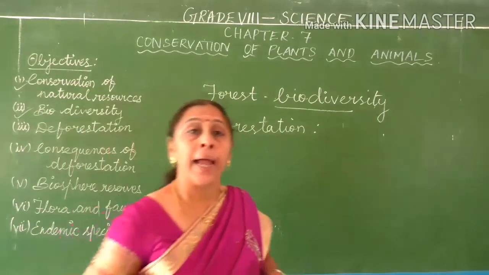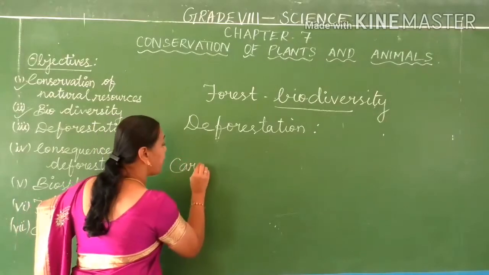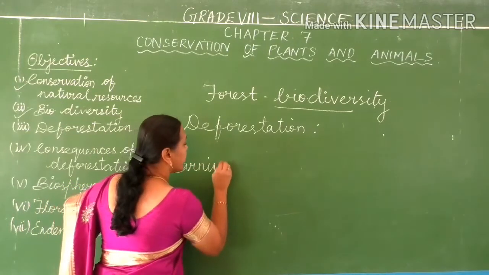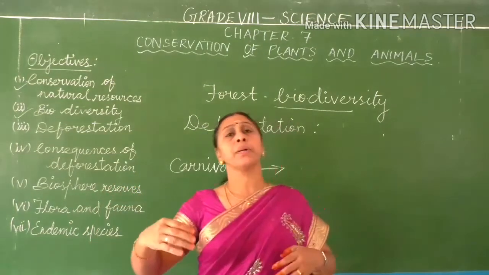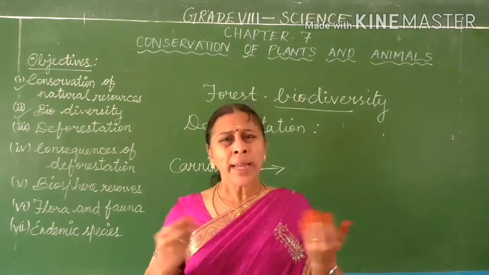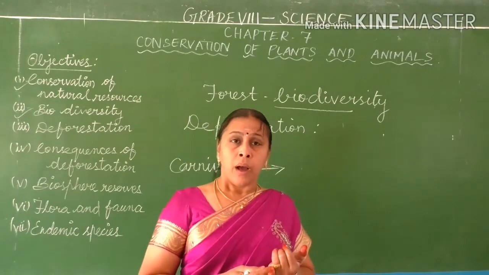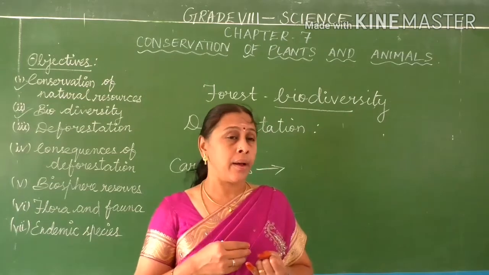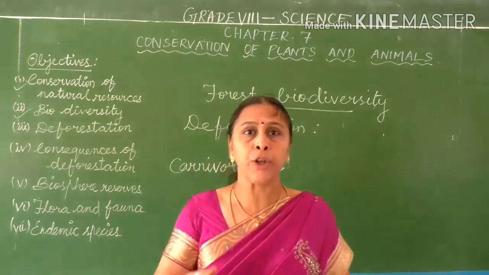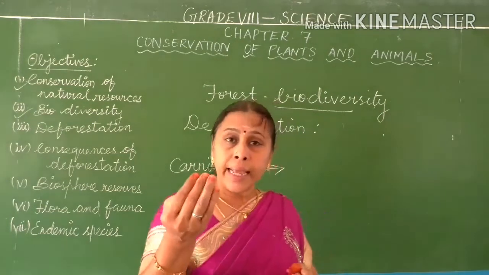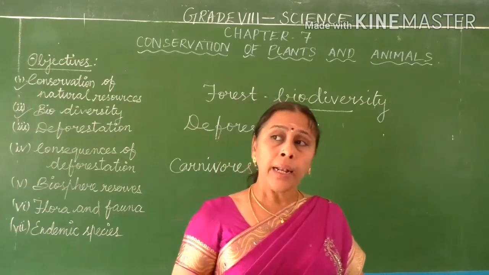By excessive hunting, the big carnivores were hunted in large numbers. Why are they being hunted? For their skin, or because people believe that some animals' parts have medicinal values. For that, taking the parts of the carnivores, they are hunted.